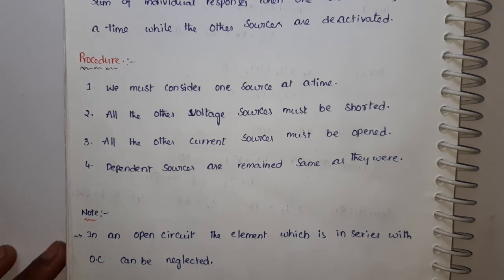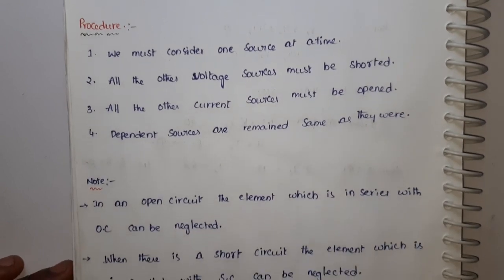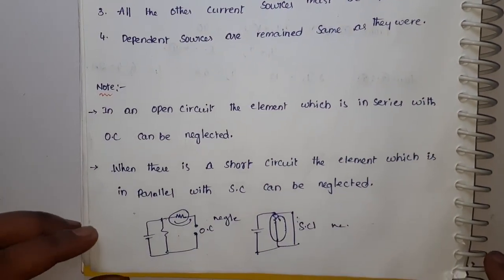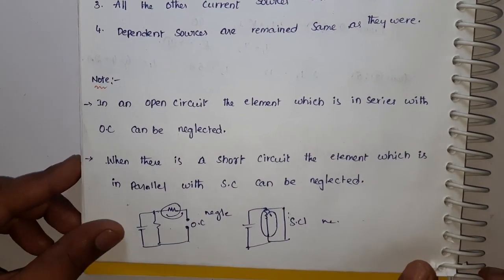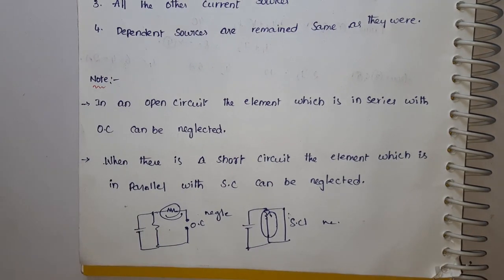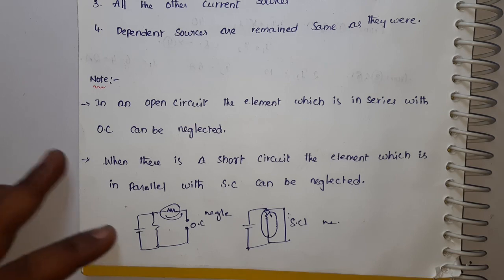So please note down a few points while solving problems. When we open current sources, when there is an open circuit, the element which is in series with the open circuit can be neglected, and when there is a short circuit, the element which is in parallel with the short circuit can be neglected.